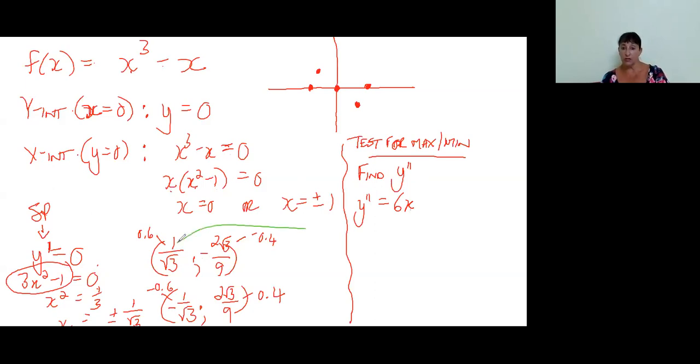So these two. So you work out 6 times 1 over root 3, which is greater than 0. And if the second derivative is greater than 0, it means that there is a minimum at this point.